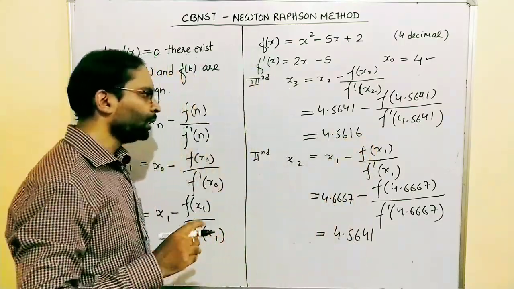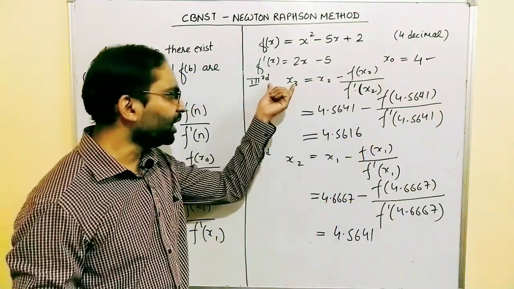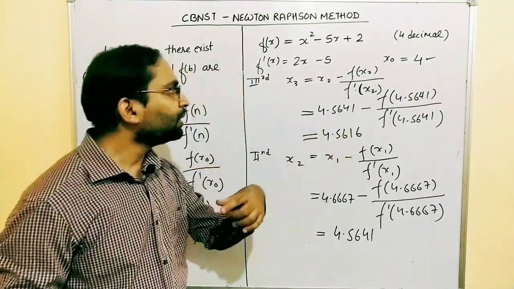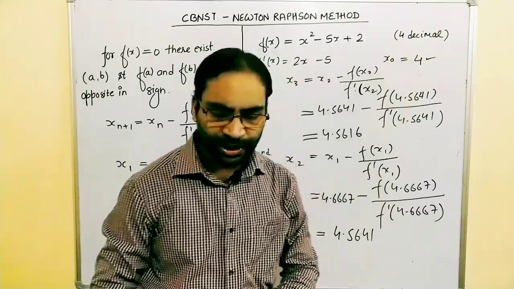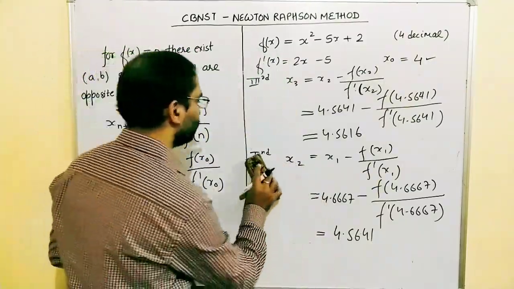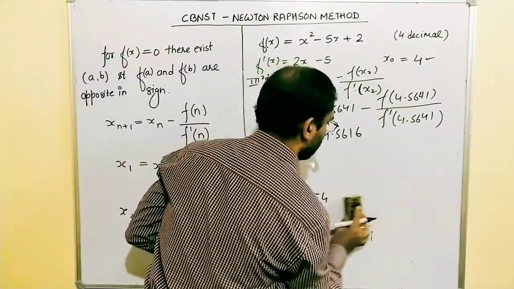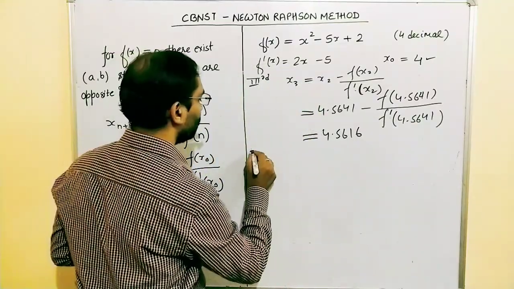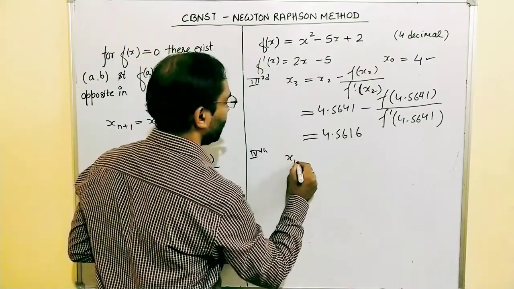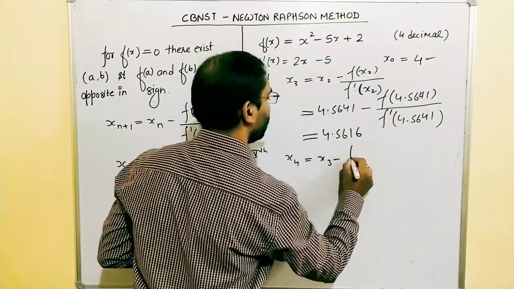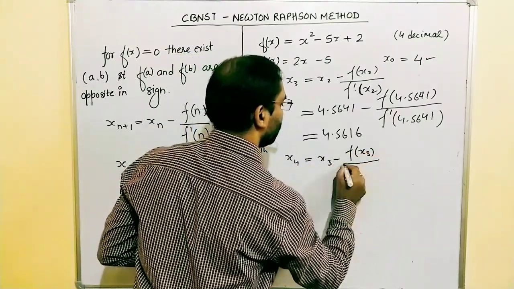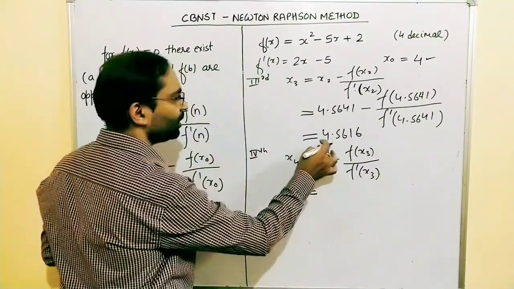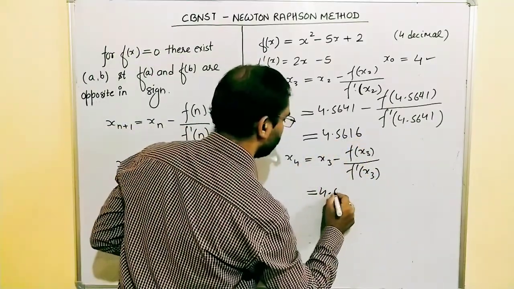So now we can see after the third iteration, we have got the result correct to 2 decimal places, but we need to do it till 4 decimal places. So we need to do the fourth iteration also. So let's go for the fourth iteration. In the fourth iteration, we'll find x4. This is x3 minus f at x3 divided by f dash at x3. What is x3? x3 is 4.5616.